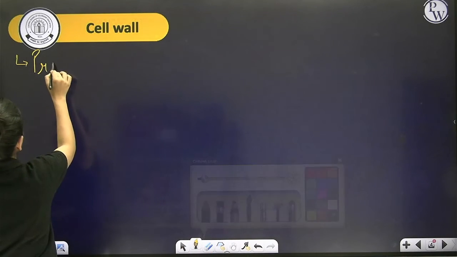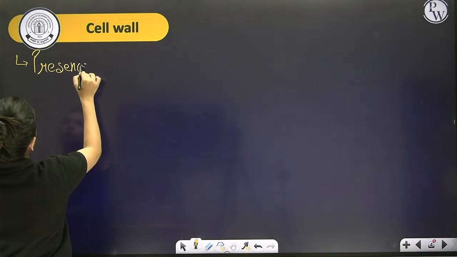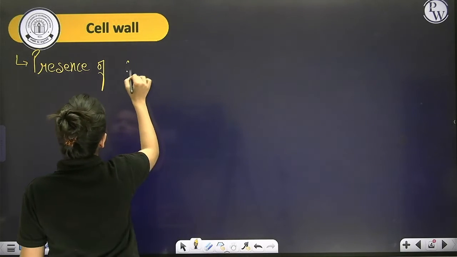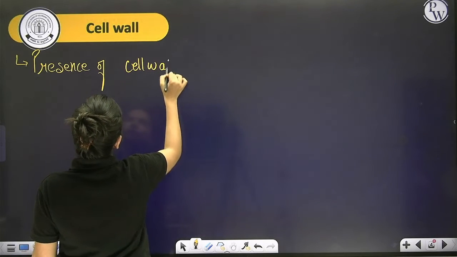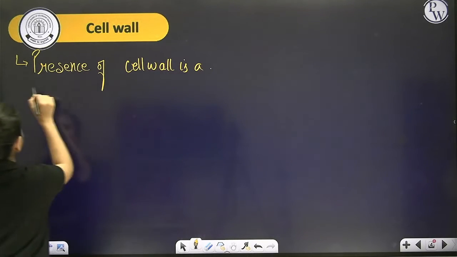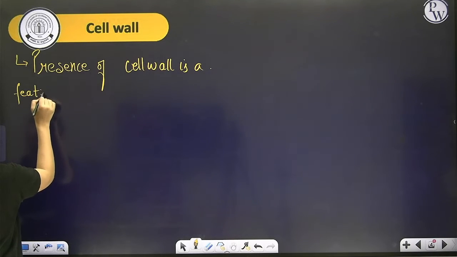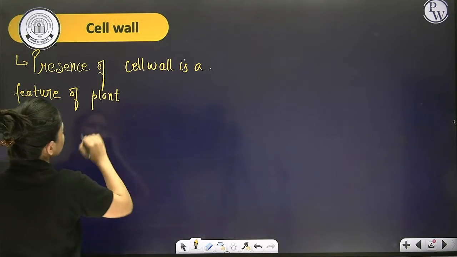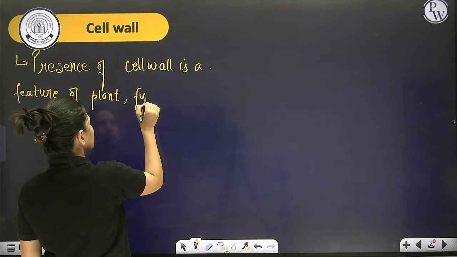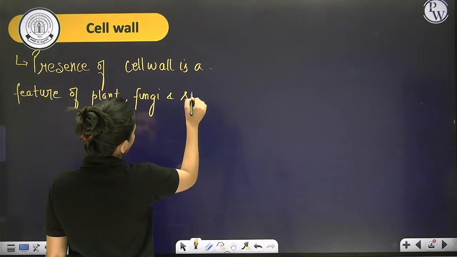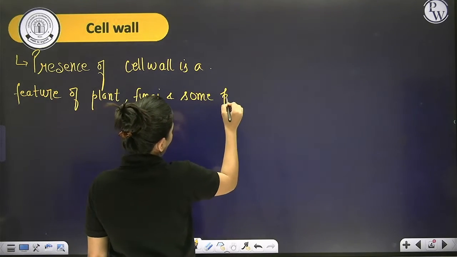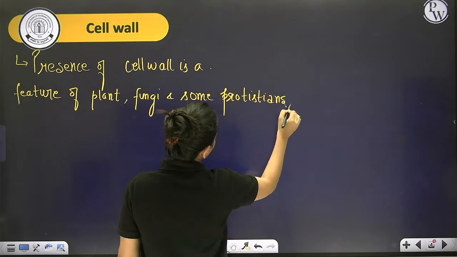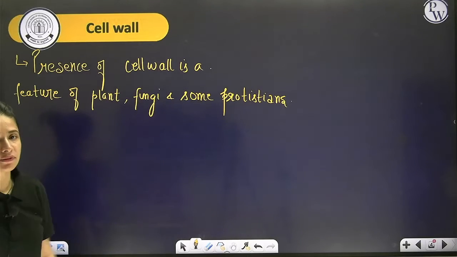That is, presence of cell wall is a feature of plants, fungi and some protistans, right? So this is the first point that you have to remember.